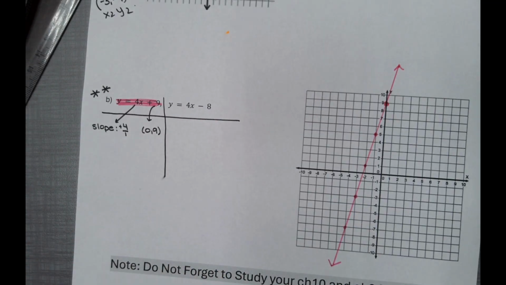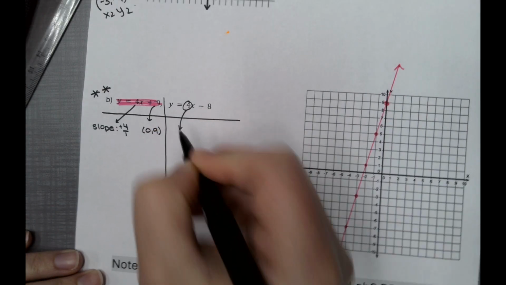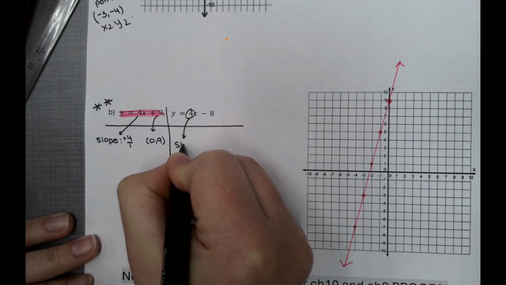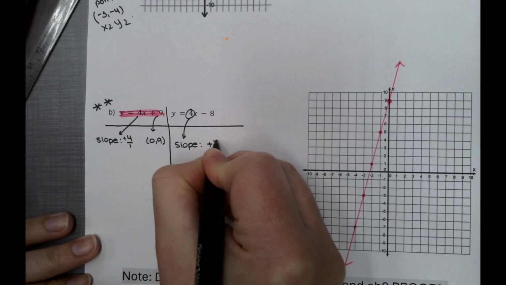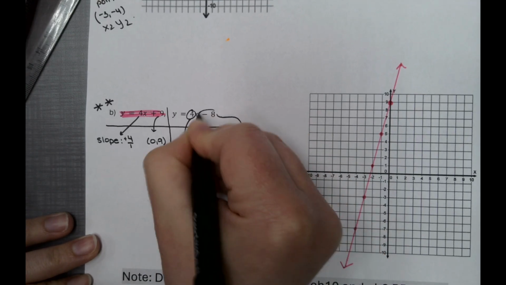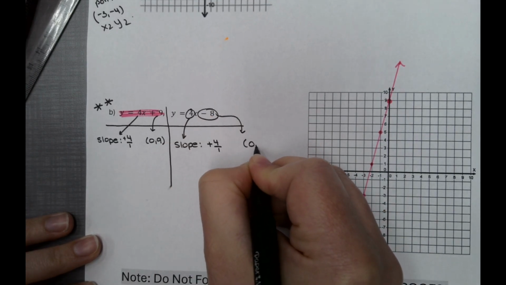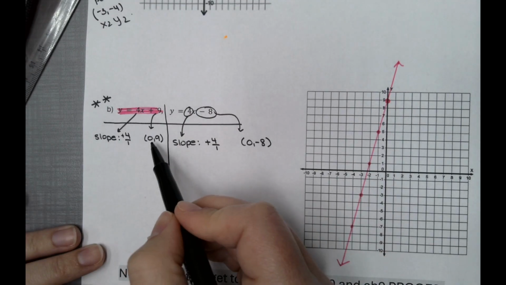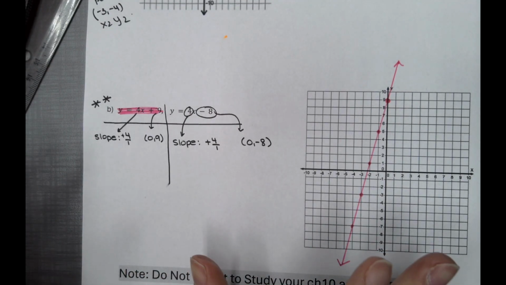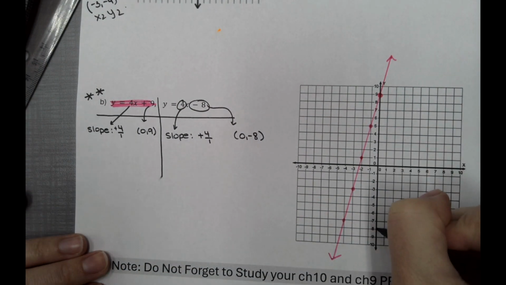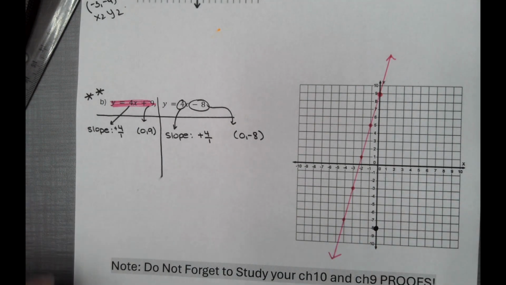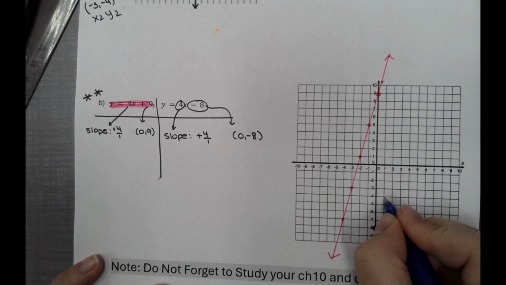For our next one, again, slope is going to be the same for parallel lines. And we have a different start at -8. Now remember, these starts, these are not anything that we're going to use to find the distance. This is just literally us finding this number on the y-axis. I am going to go up 1, 2, 3, 4 over 1.